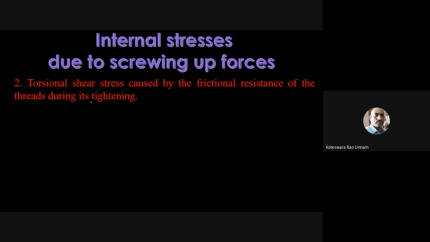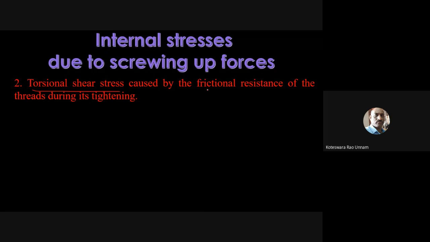Then we have torsional shear stress. Why do we have a torsional shear stress? Because we are tightening the bolt, we need to apply some initial torque. During the tightening, the torque is transmitted through the frictional resistance of the threads.